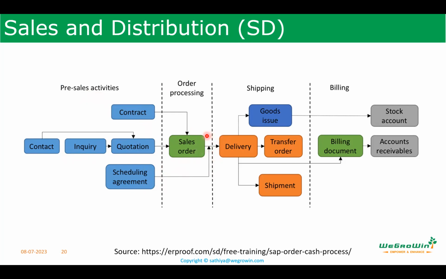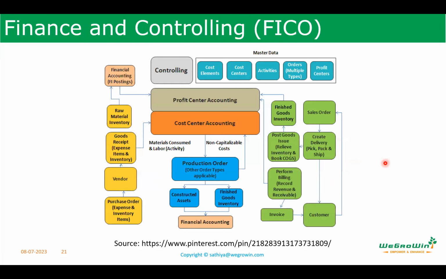These sales orders flow through the planning process and are executed. Production is done and material is received, or purchasing is done and material is received. They are delivered and goods issued, going to the billing point, or transferred to another plant, or shipped to the customers, whatever it is. A billing document will be created for accounts receivable. These are sales and distribution.